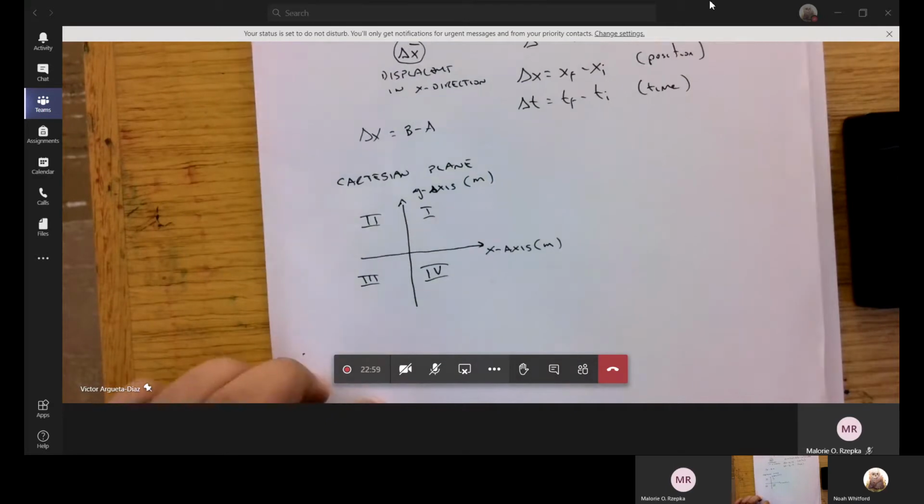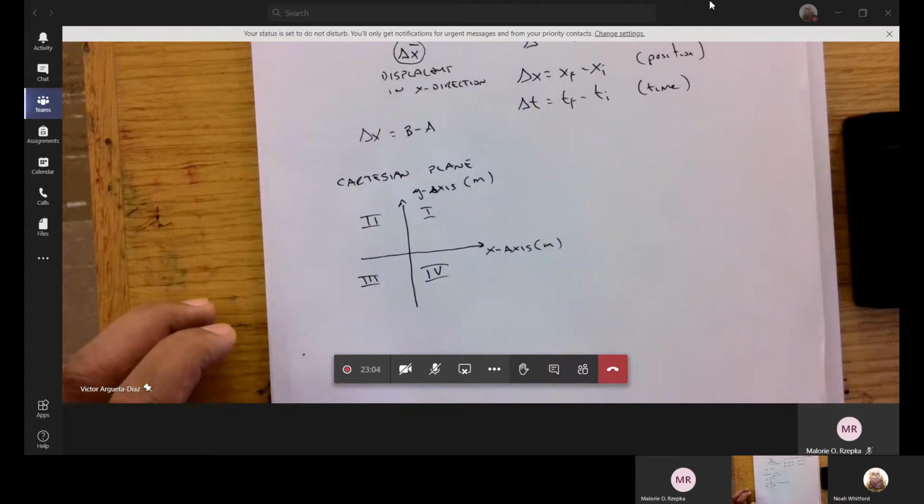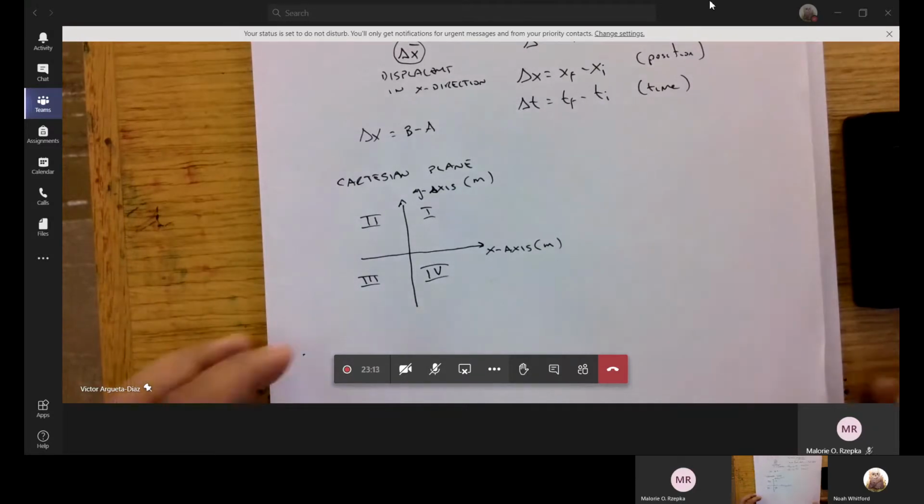Sometimes when you are doing operations with vectors, you know that the result is going to be in the 3rd quadrant, or in the 4th quadrant. Or if you want to identify vectors in the plane, you can figure out exactly where it's going to be. That helps you a little bit with the math sometimes.